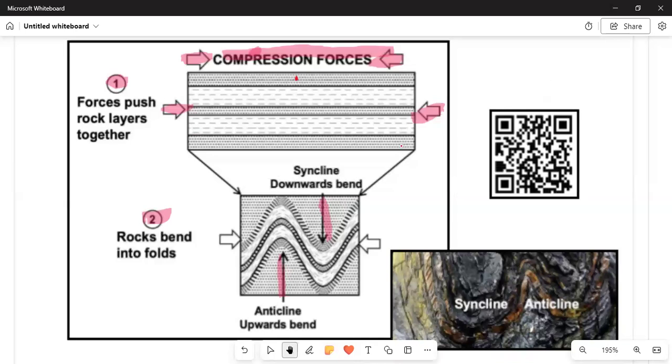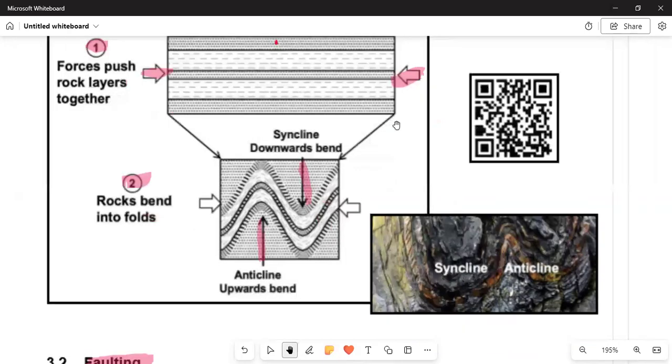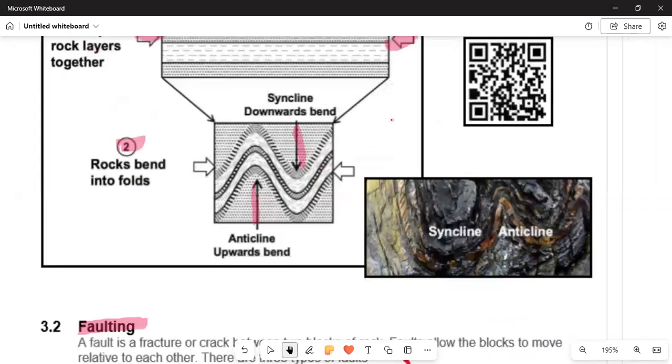That is what we call rocks bending into folds. So they fold as this process is taking place. Here you can see the picture, which is called folding. There is pressure coming from the opposite direction, causing them to fold.